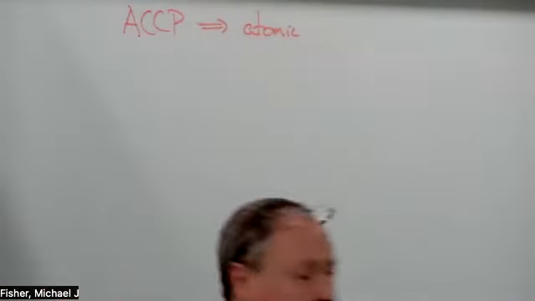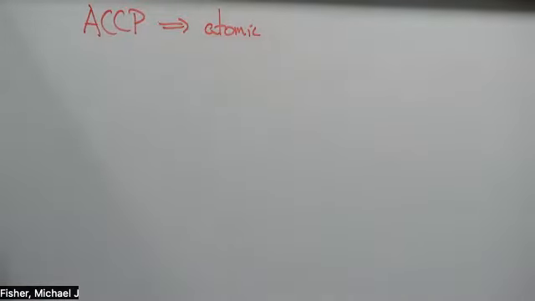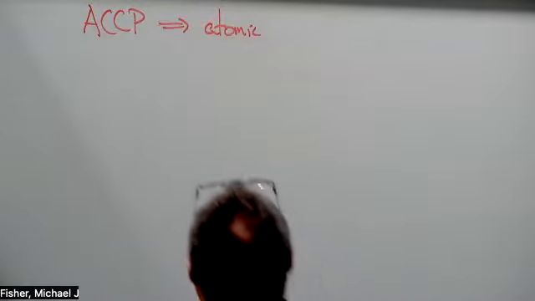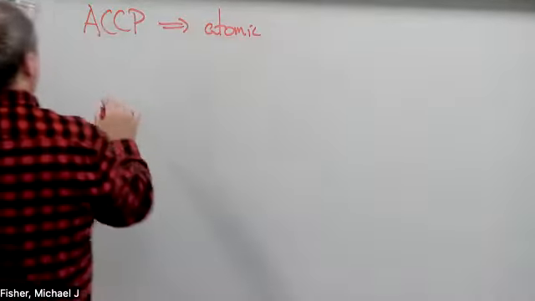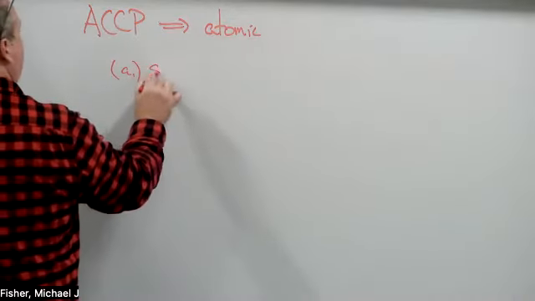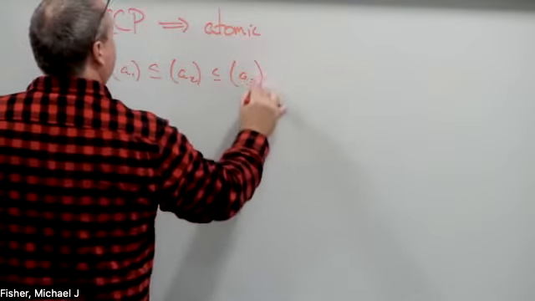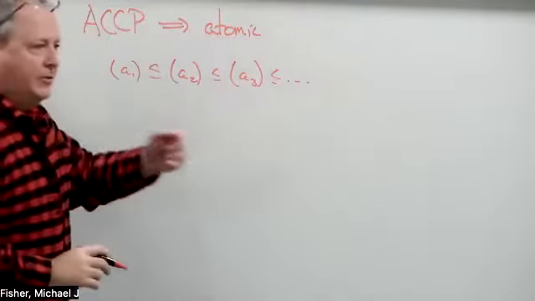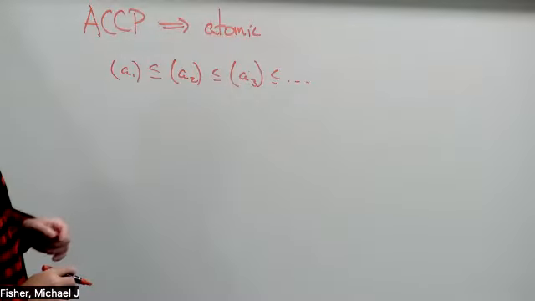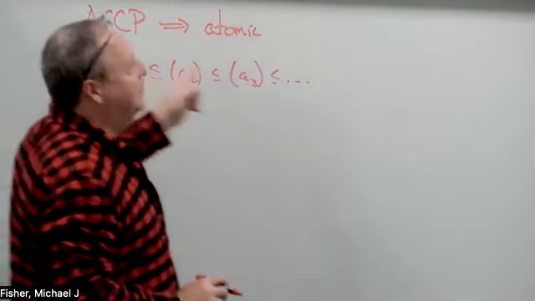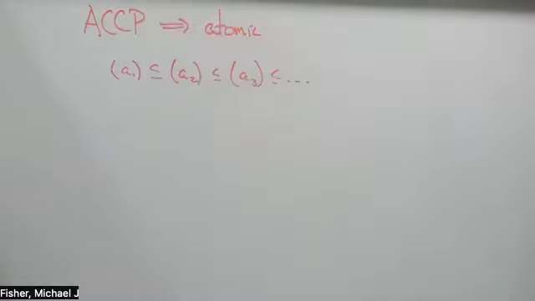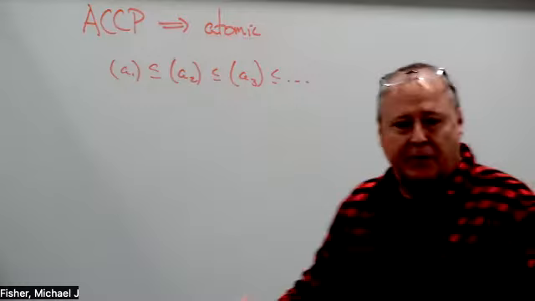Okay, I told you there were too many abbreviations in this, but ACCP means the ascending chain condition on principal ideals, right? So what it means to be ACCP is if you have a chain of principal ideals that's ascending, it eventually must stabilize. So this is actually a weaker condition. Noetherian means all ideals stabilize. ACCP just means it's the principal ones.